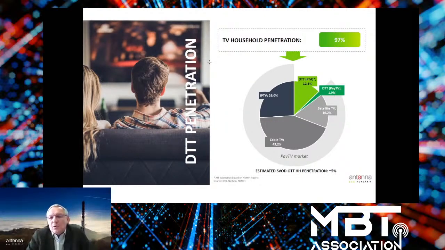And there is a small portion for the DTT pay TV that is operated by Antenna Hungária. And there is still a significant DTT free-to-air part in the chart, as you can see. Obviously, the figure for this part is an estimated figure because we do not have any survey for the free-to-air usage.